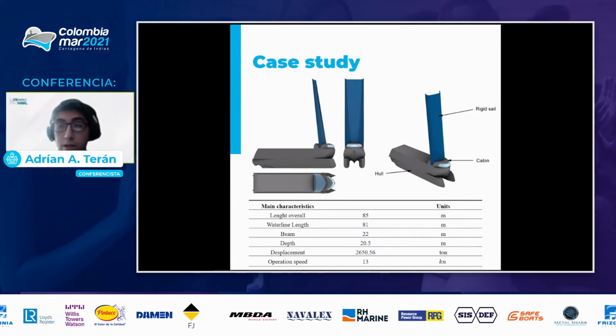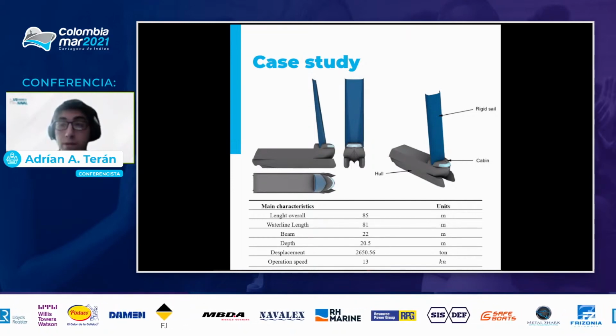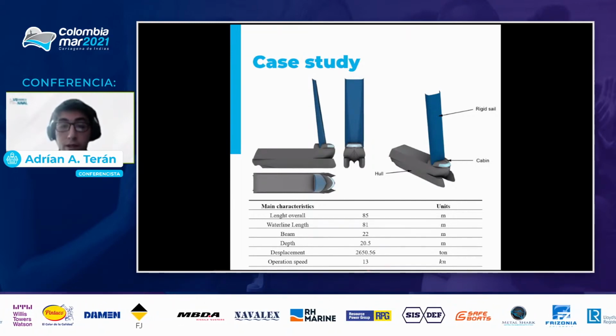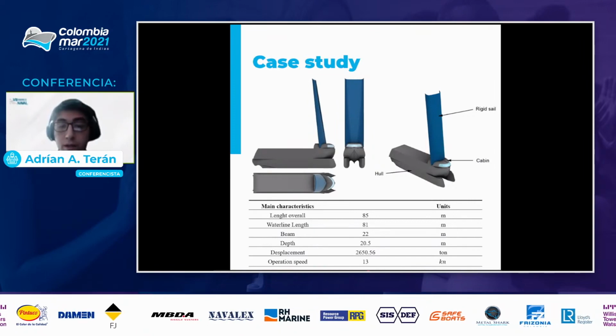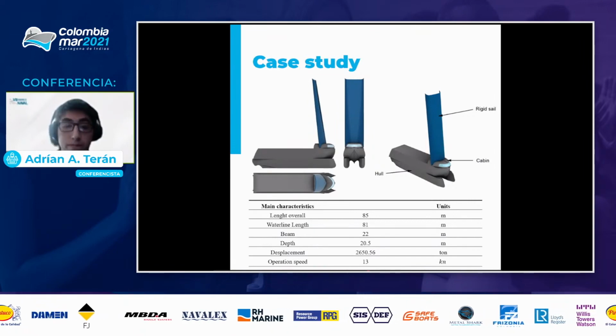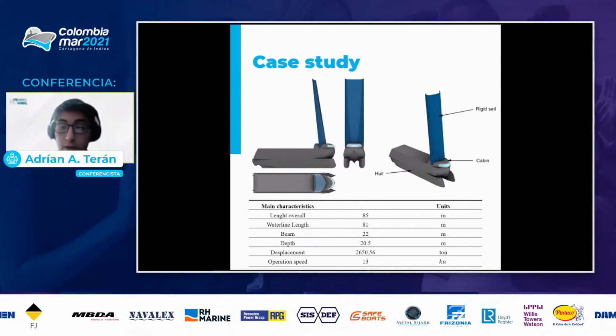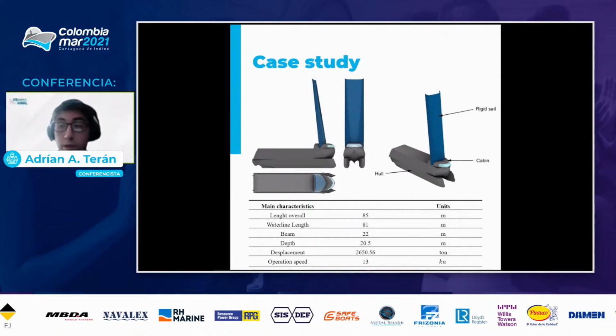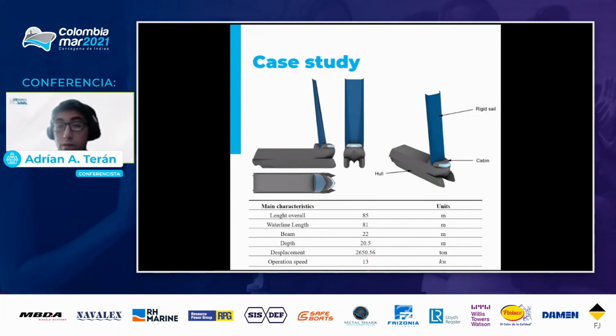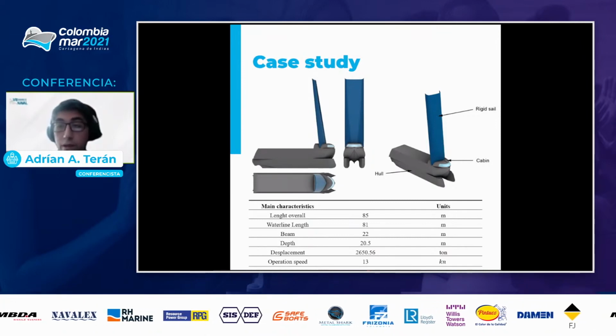The main characteristics that we can find, some of which are going to be quite useful when it comes to the analysis, is the total length, which is 85 meters. Another important characteristic, in addition to the ones you can read from the screen, is the operational speed, which is about 13 knots.